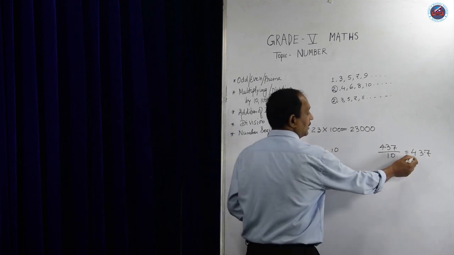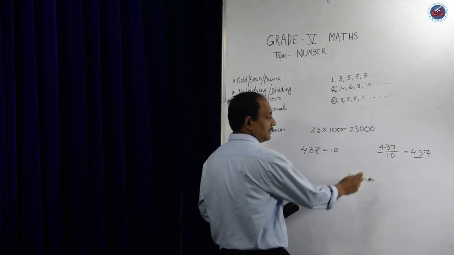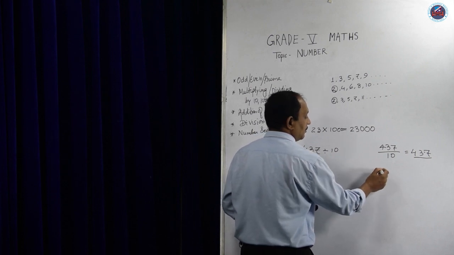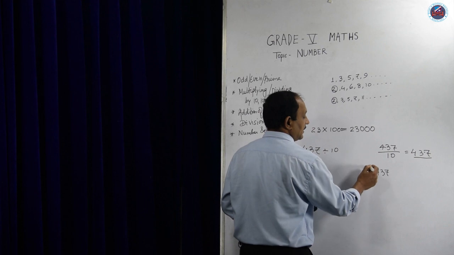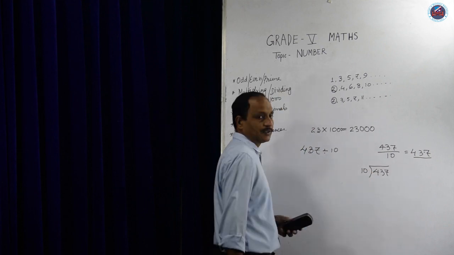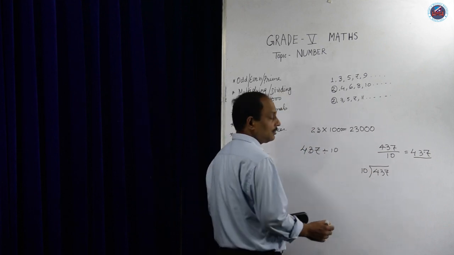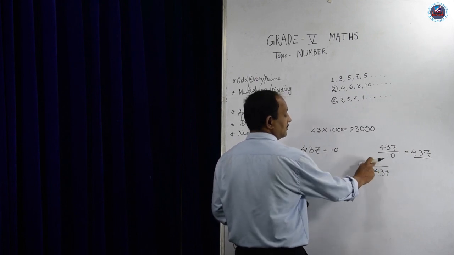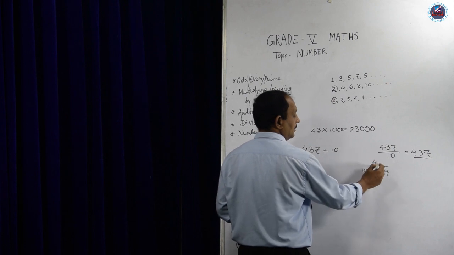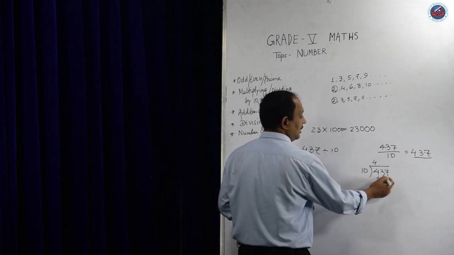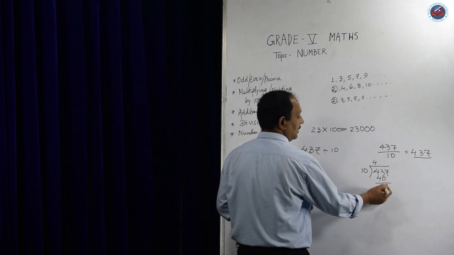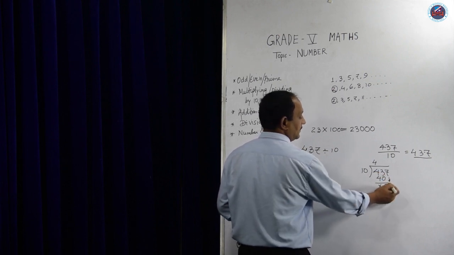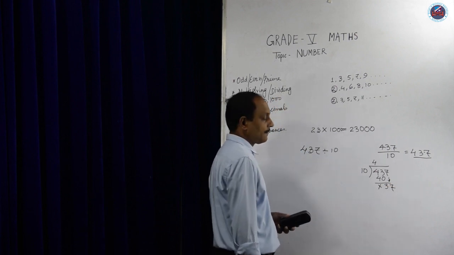That means 43.7. Let us go manually by doing so. 437 divided by 10. 10 how many are it will go? 10 ones are 10, 10 twos are 20, 10 threes are 30, 10 fours are 40. Now 3 minus 0, 3, 4 minus 4, 0. Now this 7 will come here, it becomes 37.